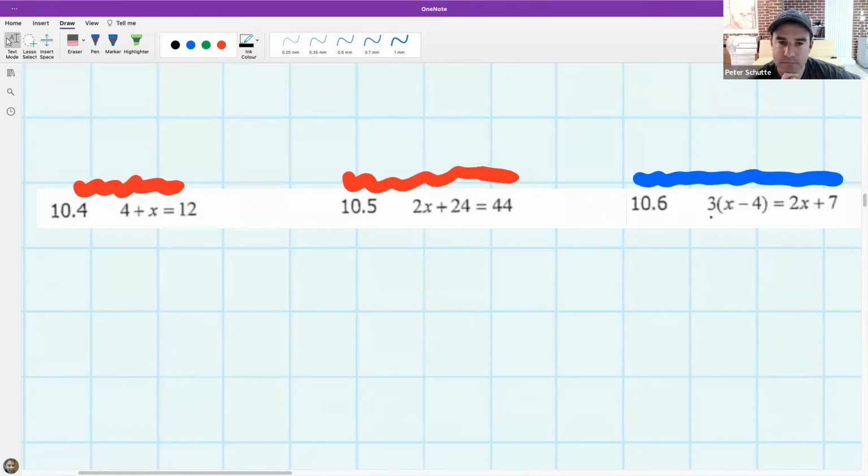Let's go, guys. Remember, we put those marks in the bag. So start with 10.4 and let's move. 10.4, go from there.